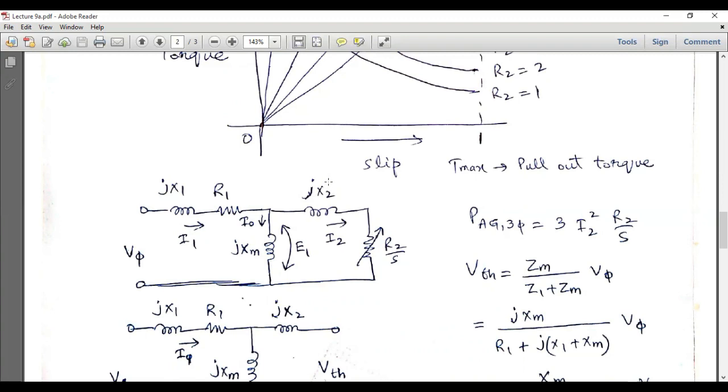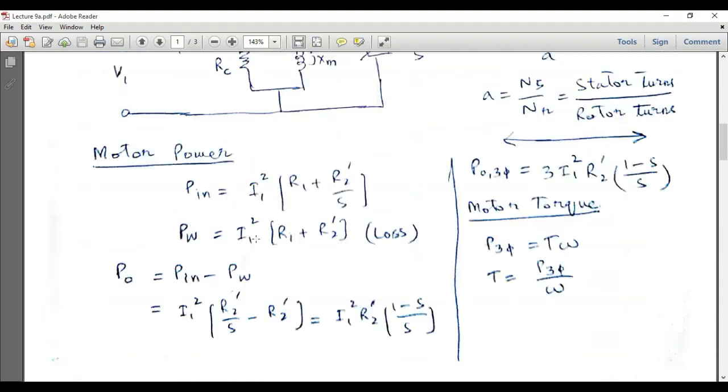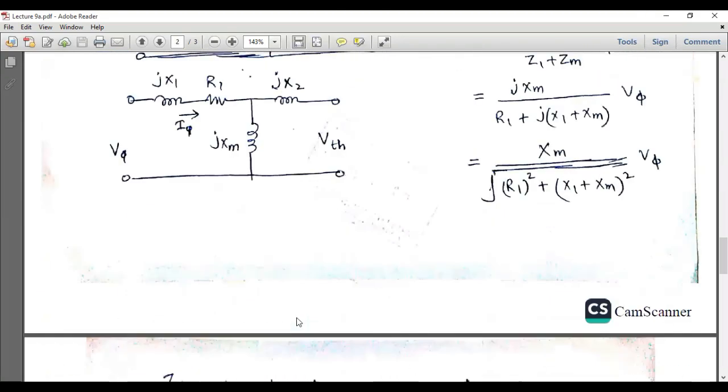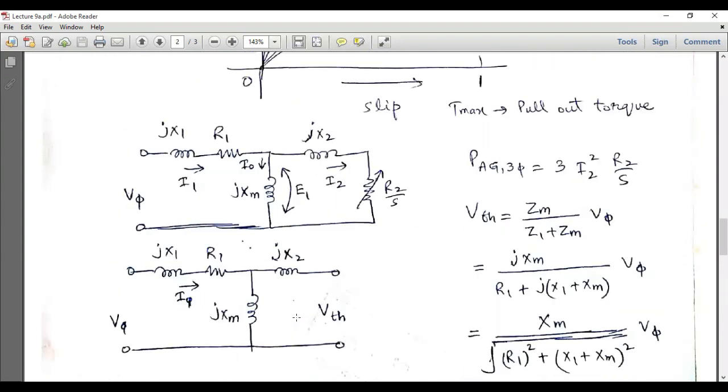So we can ignore these prime terms and assume that all these terms are referred to the stator side. This resistance which corresponds to the eddy current loss is also ignored because its value is very high and it actually represents the heating loss across the core of the induction motor. So if we ignore that resistance, we get such a system.